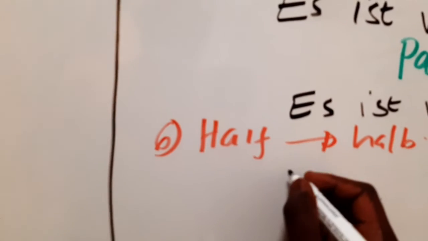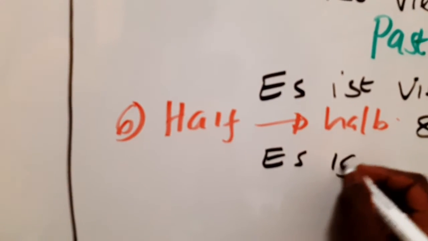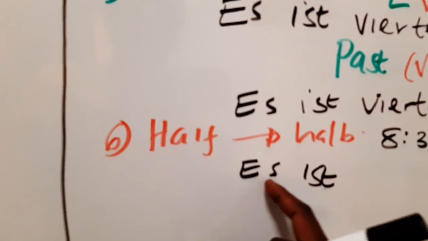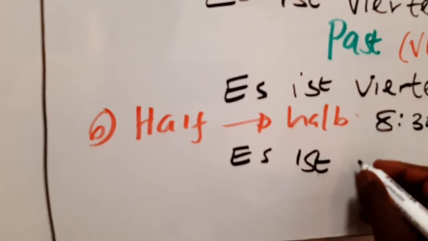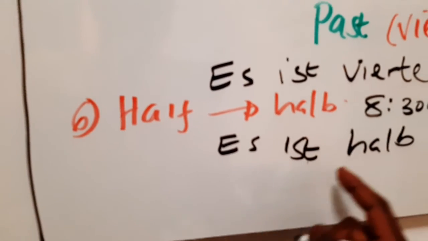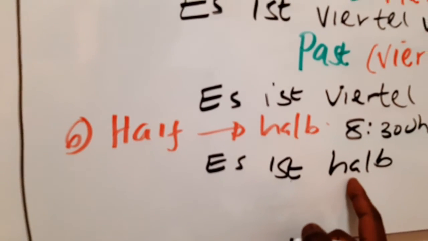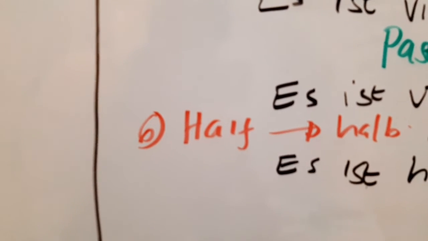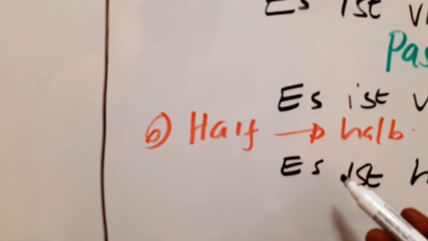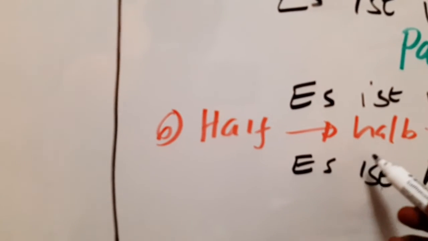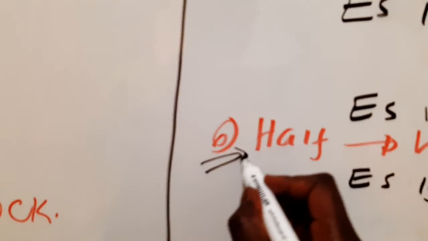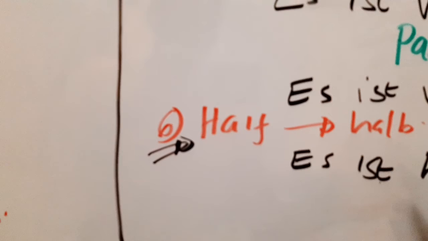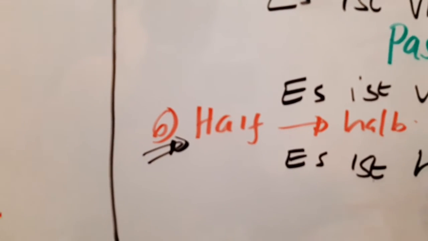So what you'll have to say is es ist halb, so halb will stand for 30, so it will be es ist halb 9. So you need to be a bit keen because it means it's 30 minutes through 8, so it's like 30 minutes to 9.